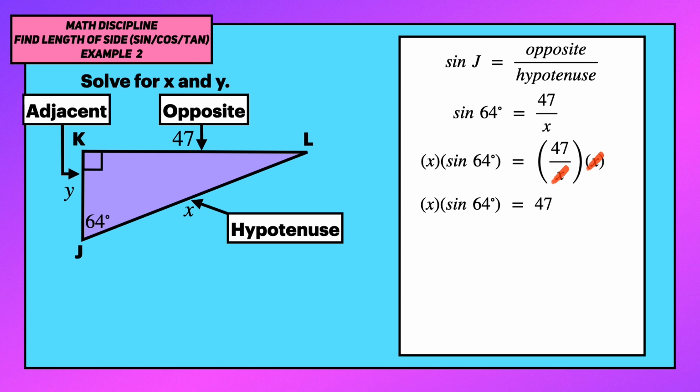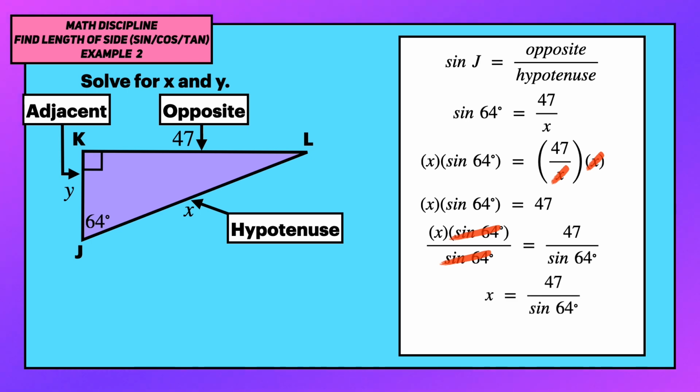Now we need to get sine of 64 degrees to the other side. Since x is being multiplied by the sine of 64 degrees, we'll do the inverse operation, which means we'll divide both sides of our equation by the sine of 64 degrees. This eliminates it from the left side and moves sine of 64 degrees to the right hand side of our equation. Now we have x equals 47 divided by the sine of 64 degrees.